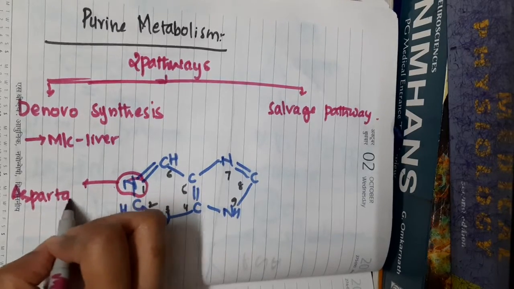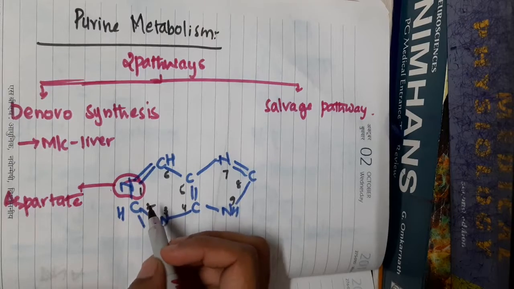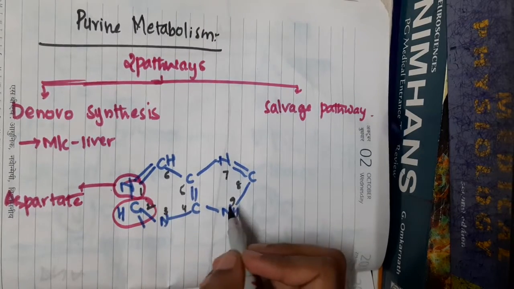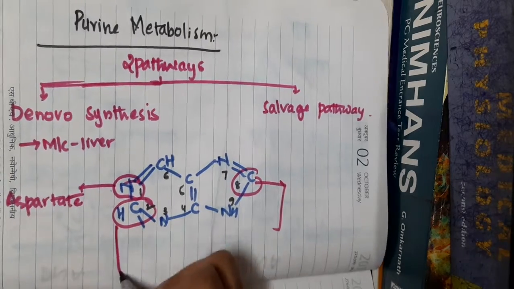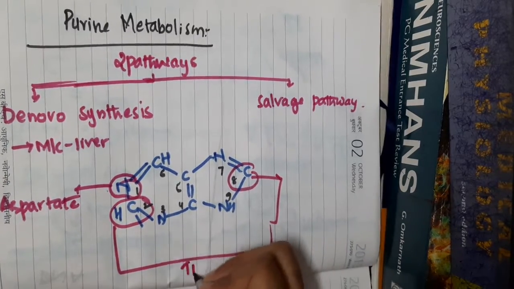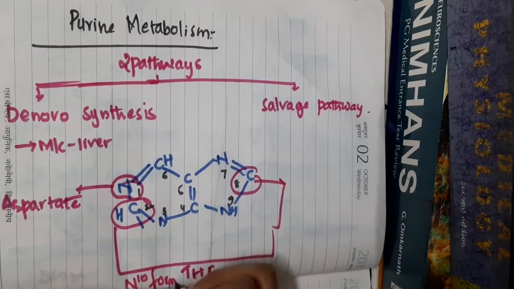N1 is derived from aspartate, whereas C2 and C8 are both derived from tetrahydrofolate, that too N10 formyl tetrahydrofolate.